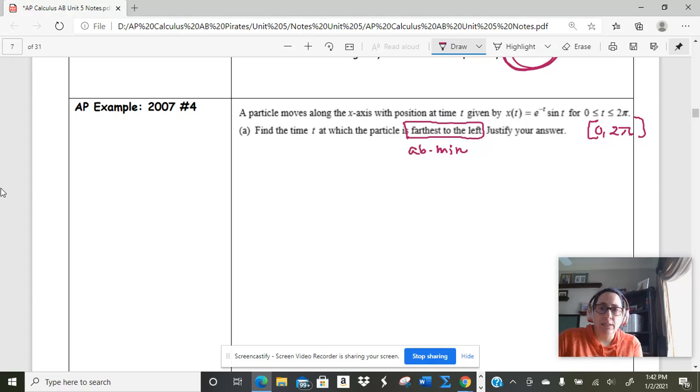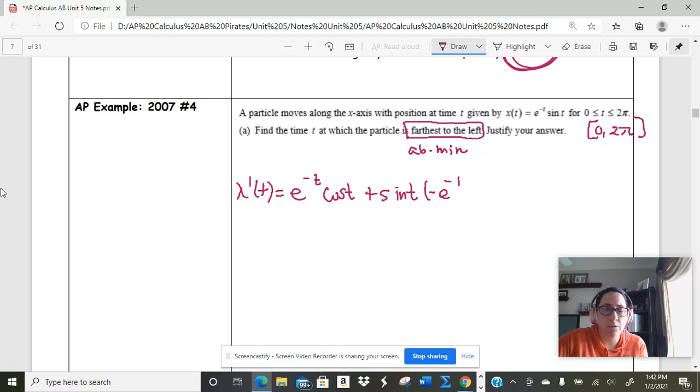Okay, so I need to take the first derivative. So pause, you take this first derivative and then pause and make sure you get the same thing. So the first times the derivative of the second plus the second times the derivative of the first. And I'm going to go ahead and factor this.